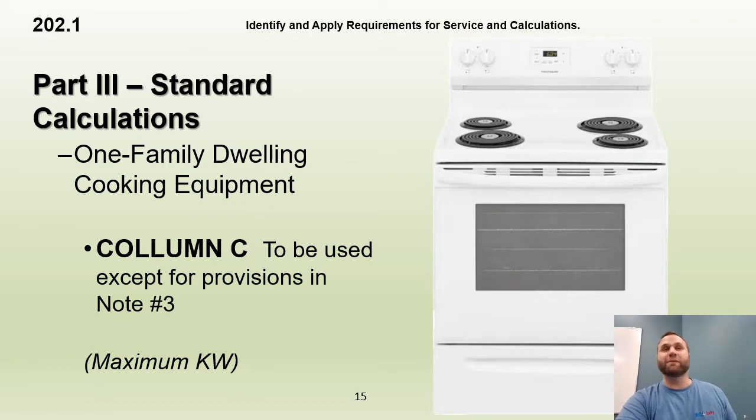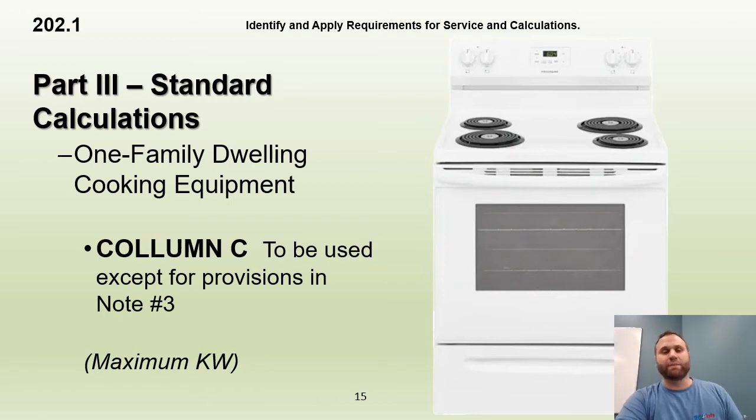When we turn to Table 220.55, if you're following along with this video and you have your code book out, go ahead and turn to Article 220.55, as we're going to take the next few minutes to really just camp out on Article 220.55, mainly Table 220.55, when it comes to dealing with cooking equipment demand factors.